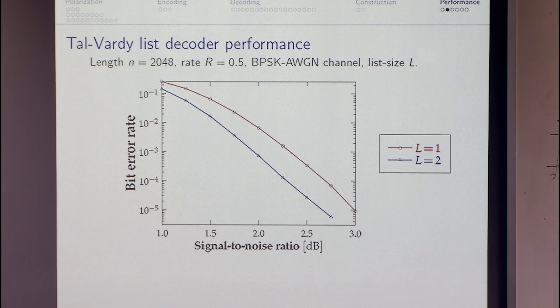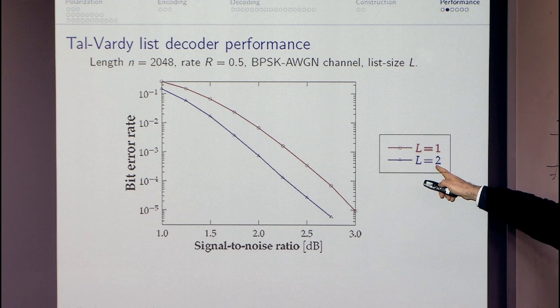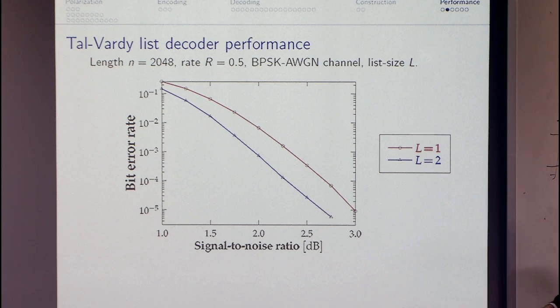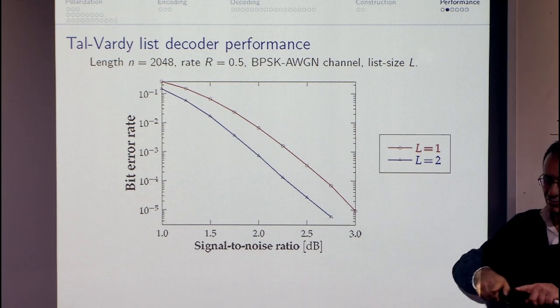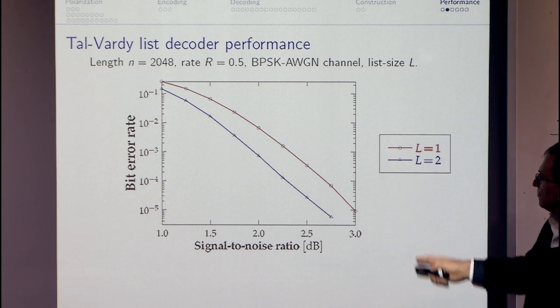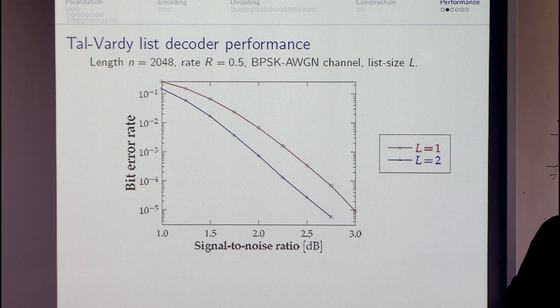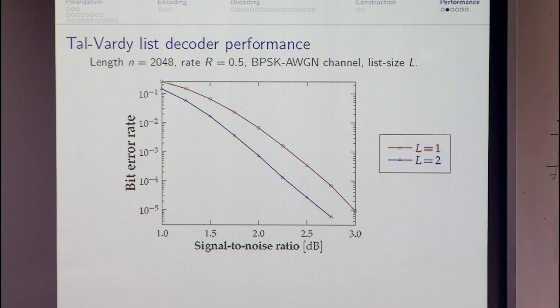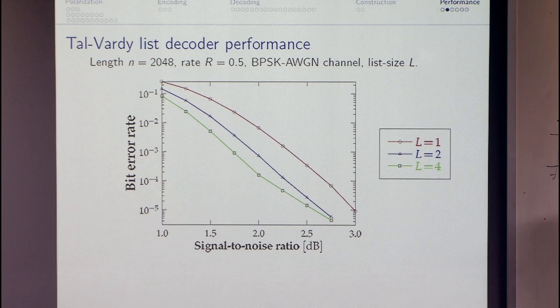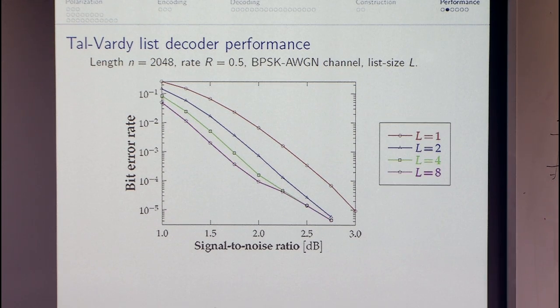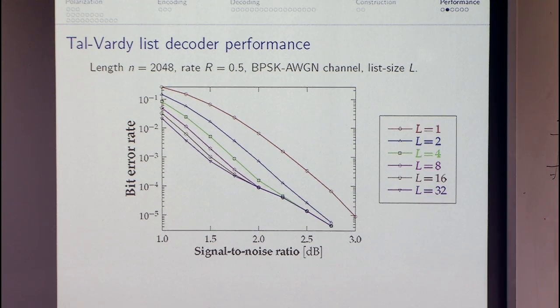So if you use a list 2 decoder, there are many variations, so the details are not so important. Essentially you keep following 2 branches and then keep the best 2 all the way through to the end. And at the end you select the better of the 2. You get a significant performance improvement, as you see here. List of 4 gives you further improvement, 8, 16, 32.